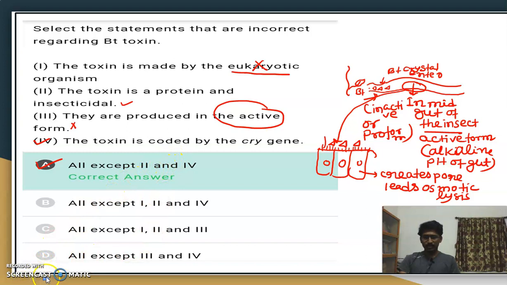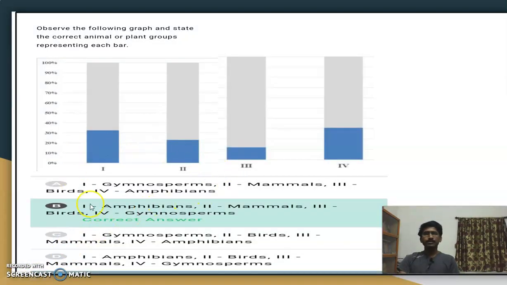Now the next question. This is a graph, and many of our students made mistakes in this question. So look at the graph; the graph is important here.